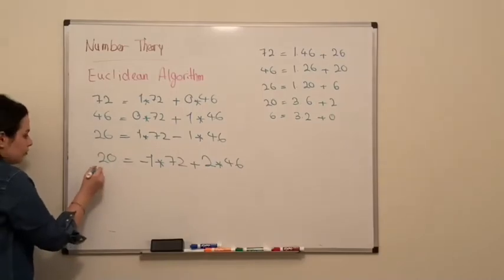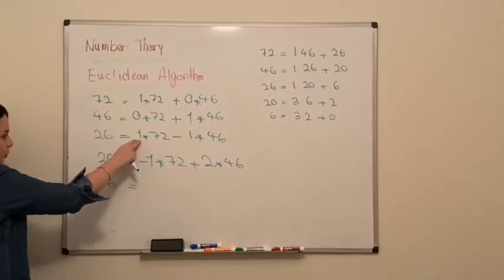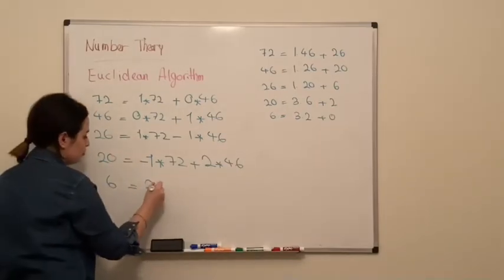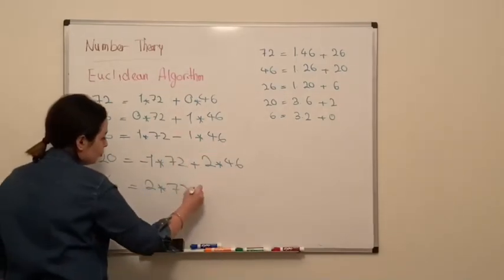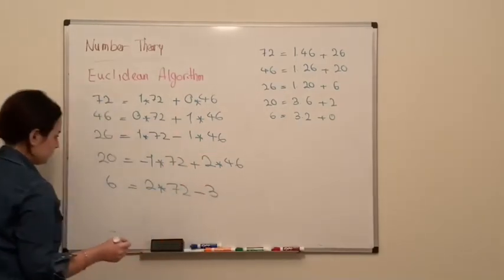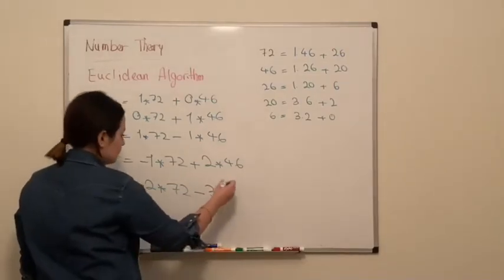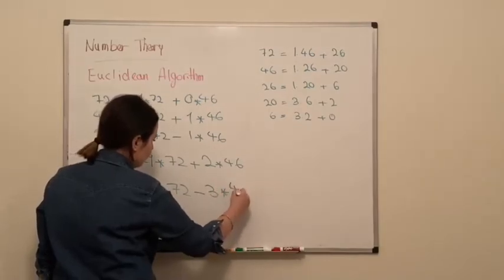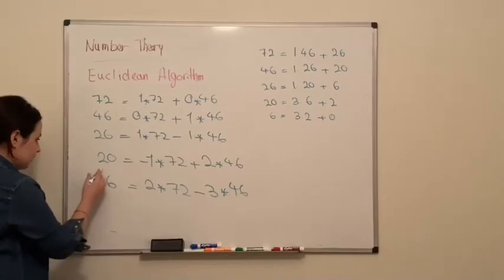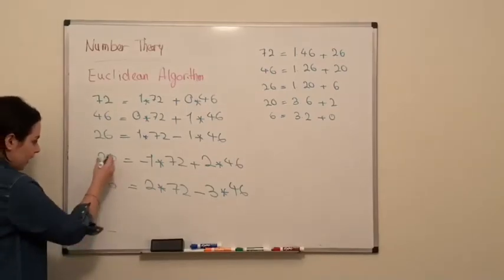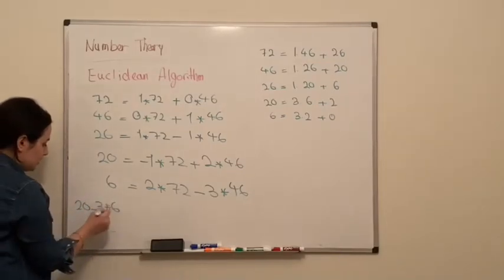Then the subtraction of 26 and 20 is 6, and I can write it as 1 minus minus 1, which is 2 times 72, and negative 1 minus 2, which is negative 3, times 46. After that I have 20 minus 3 times 6.